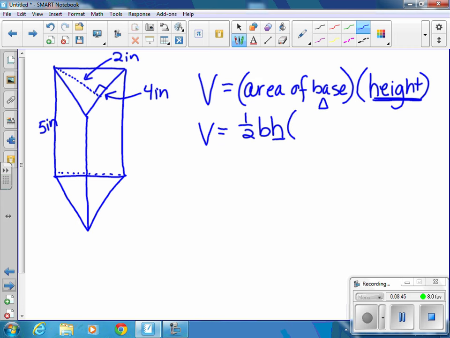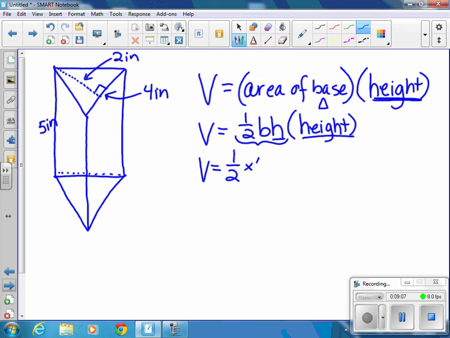So I'm actually going to write out this word again, height, because I want to remember that this height here that I'm talking about is the height of my entire prism. So I'm going to plug in my numbers, and then I can solve from there. Remember, this part here is the area of the base, which is half base times height. So I've got half still, times the base.